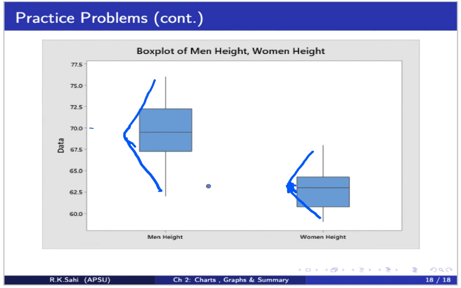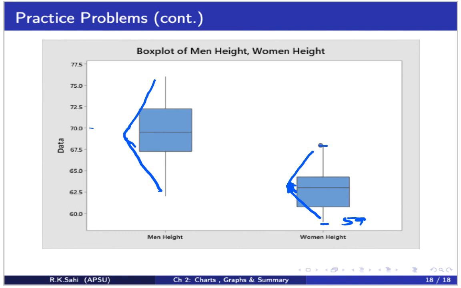Then some questions can be asked like, looking at this box plot, can you give us a rough idea of the range of women's heights? What we normally do is just eyeball it. Somewhere close to 60, say 58 or 59, is the minimum value, say 59. And for the highest value, there is no potential outlier, so you don't have to worry about it.